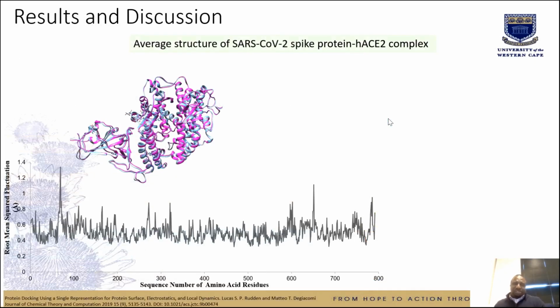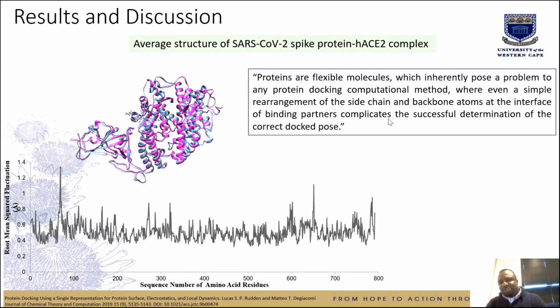So in terms of results, this is what we got. So we were able to get an average structure. And the reason we needed to do that was because proteins are very flexible. And this poses a problem when you are doing a docking study, for you to actually get the most likely state of the protein that you want to dock to.